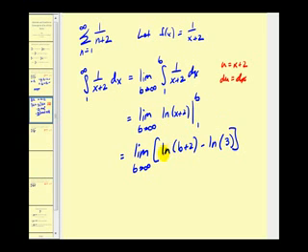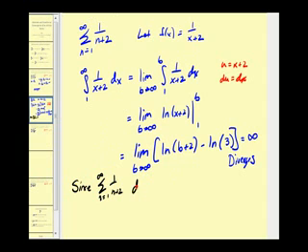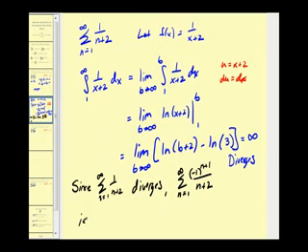Well, as b approaches infinity, so does the natural log of b plus 2. So we can state now that since the summation of 1 over n plus 2 diverges by the integral test, the original alternating series is conditionally convergent.